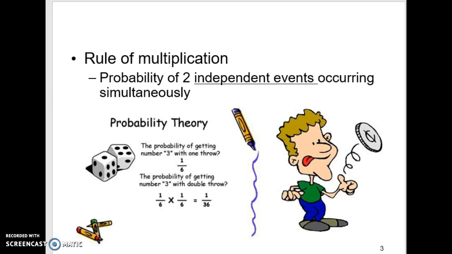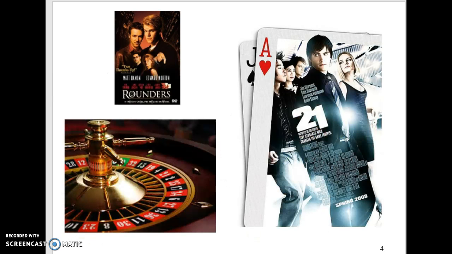Now, what do we think will happen in regards to these particular outcomes? So one way that this is applied, and I'm not encouraging this by any means, but I just want you guys to think about it. One way that the rule of multiplication, the rule of addition, and probability is applied is when people gamble.